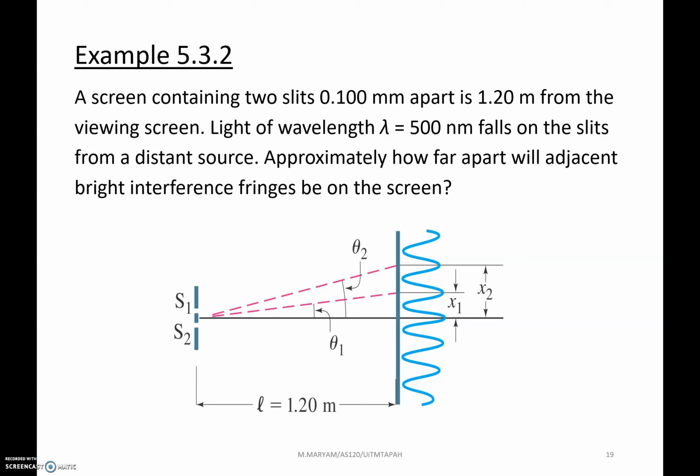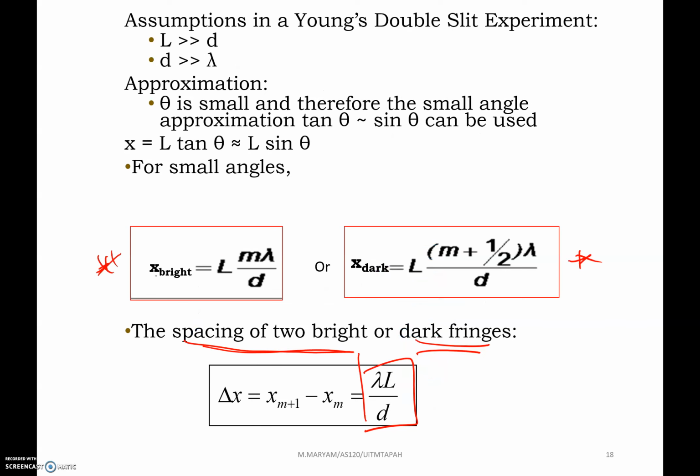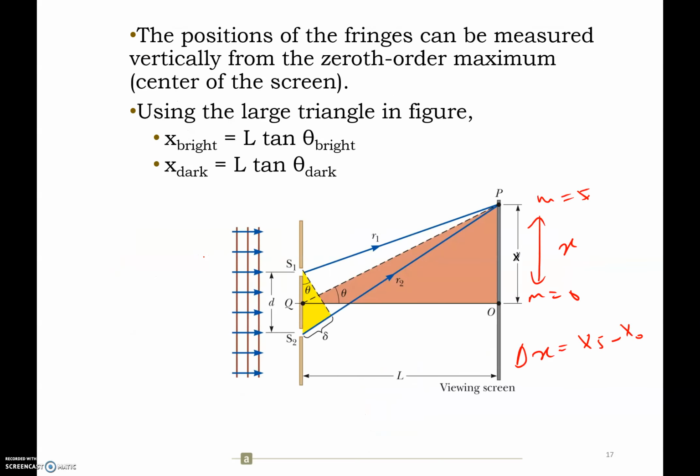Okay, let's do an example of distance between fringes. A screen containing two slits 0.1 millimeter apart is 1.2 meter from the viewing screen. I forgot to mention just now, L stands for the distance between the slits and the viewing screen. So we have to know our d, the distance between slits, our L, the distance between slits and the screen, and our x, which is the distance between fringes.